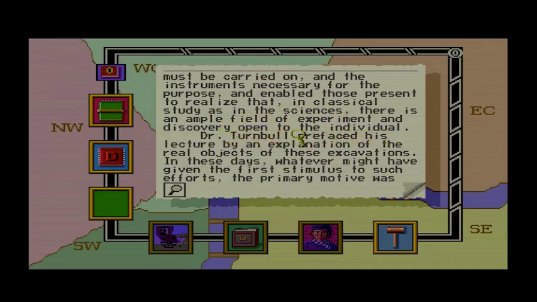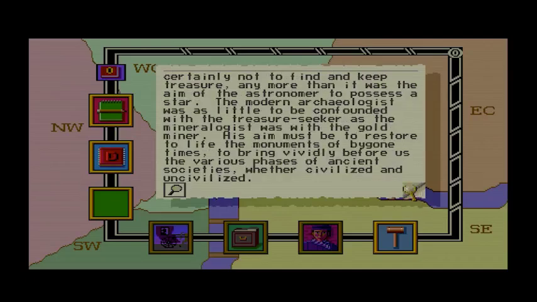Dr. Turnbull prefaced his lecture by an explanation of the real objects of these excavations. In these days, whatever might have given the first stimulus to such efforts, the primary motive was certainly not to find and keep treasure any more than it was the aim of the astronomer to possess a star.